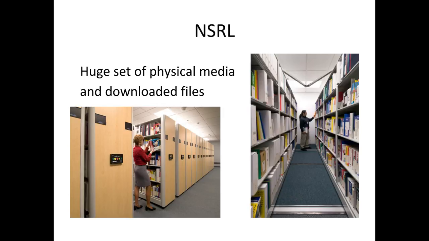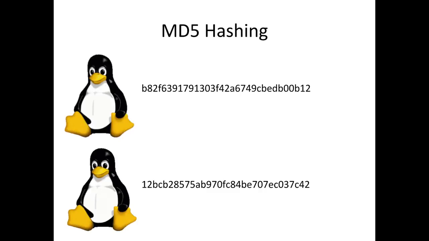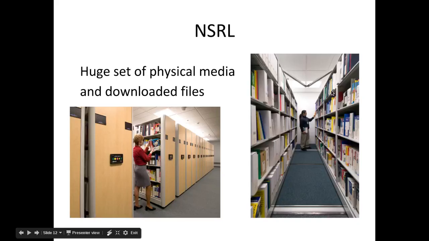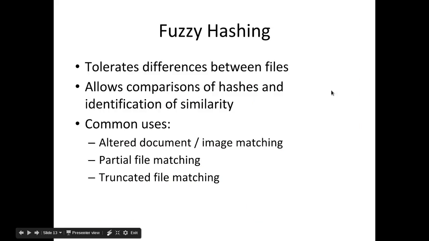Now, if we go back to our nice penguin, we can see that even though the penguin looks the same, something has changed. We can use a technique called fuzzy hashing, which will tolerate some differences between files. So it isn't a binary yes or no, these two hashes are identical. You're able to take a hash of part of the file and then match those parts of the files together.